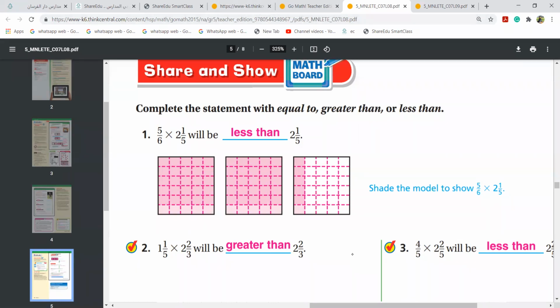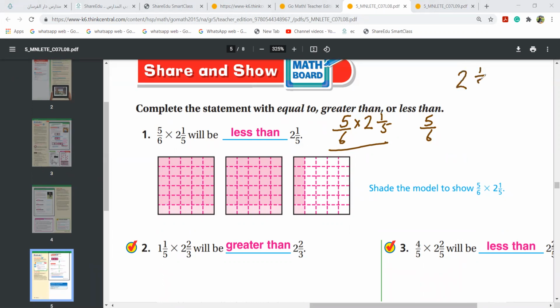Now, girls, you have 5/6 times 2 1/5. First, I will multiply this. Okay, I have 5/6. Do you remember how to open this, girls?